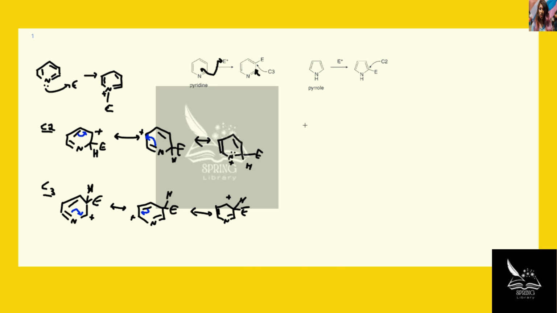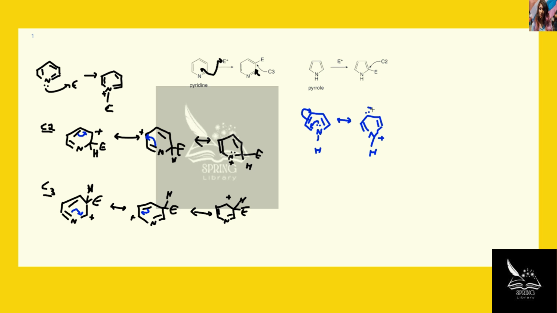Pyrrole itself can actually donate electrons into the aromatic ring to form an electron-rich carbanion in the ring. So now you're making this aromatic ring more electron-rich, and this is through the lone pair of nitrogen donating through resonance structures.